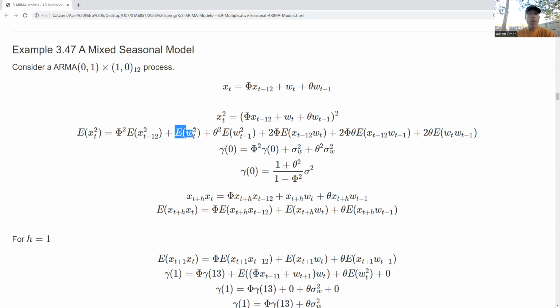All right, here, this is going to be the variance of my white noise process. Here, it's also going to be the variance of the white noise process. Now, at this step, when I look at W sub t, all of the previous x's are constant values in that moment.